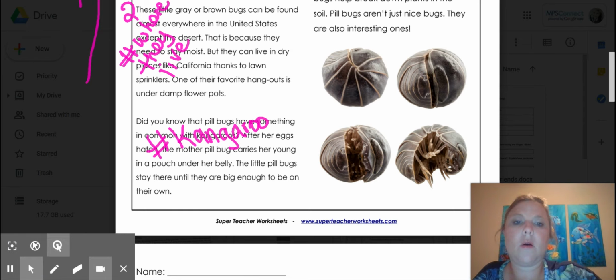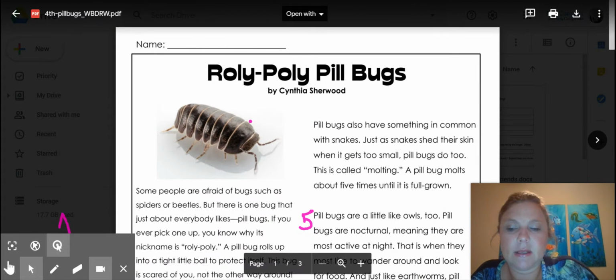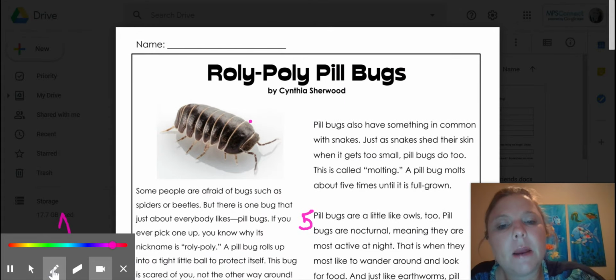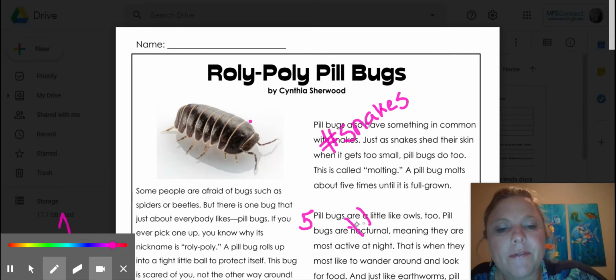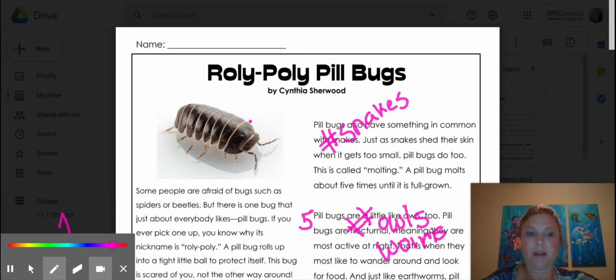And then when I go back up, what is this other paragraph talking about? It's talking about how they're similar to snakes. And this paragraph is talking about how they're similar to owls and worms. So that would be my hashtags.